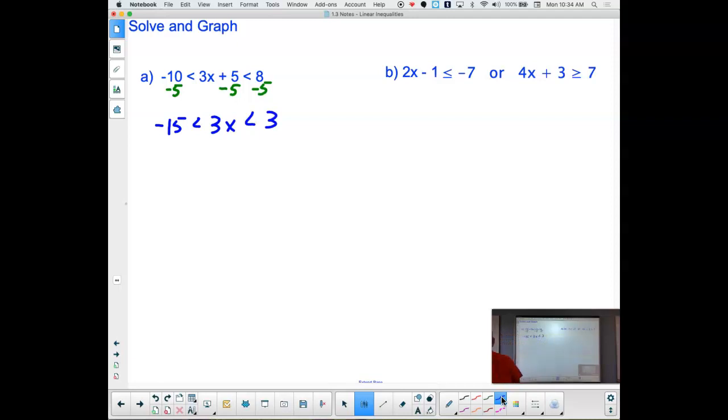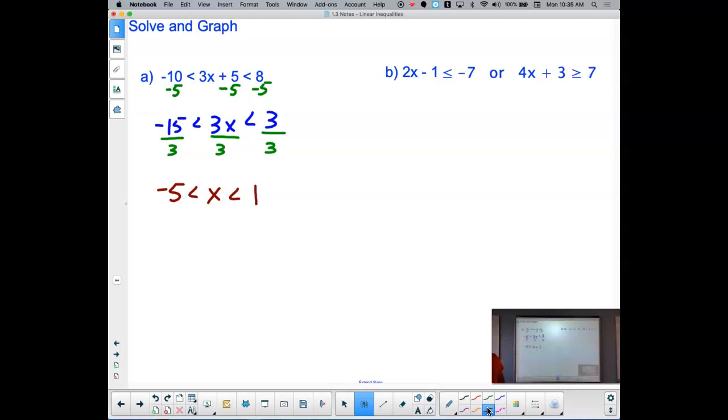Next, I would divide all parts by 3. And if I'm dividing by a negative number, I would flip both of those inequalities. And so that's going to give me -5 is less than x is less than 1.